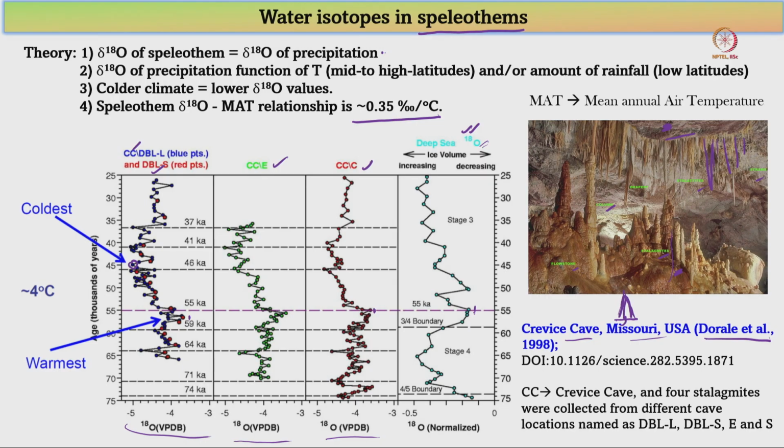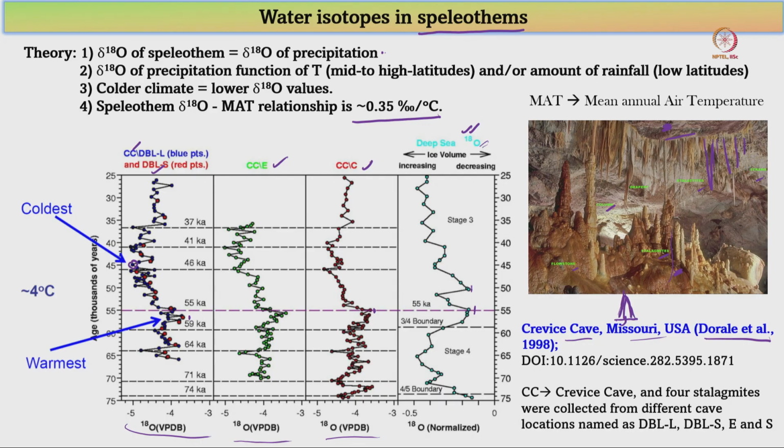Okay. So, a huge amount of ice formation is required to shift the delta 18O value to more positive values, right. So, these are the time periods when the ice volume has increased, and the deep sea delta 18O has increased. Okay. So, the ice volume here is decreasing and the ice volume here is increasing. So, just imagine if the ice volume is increasing on the land mass, what is happening?